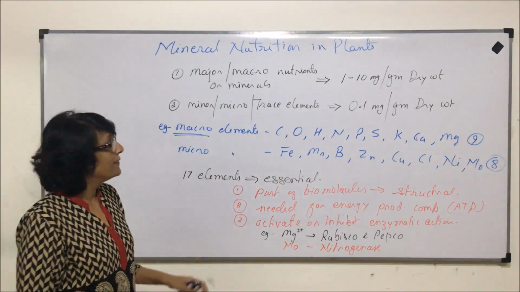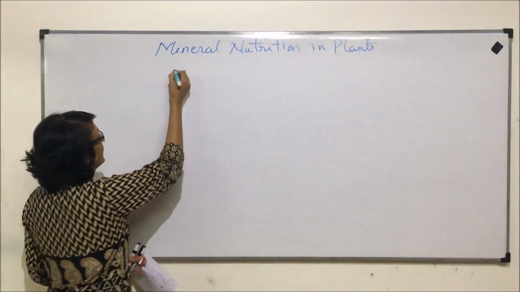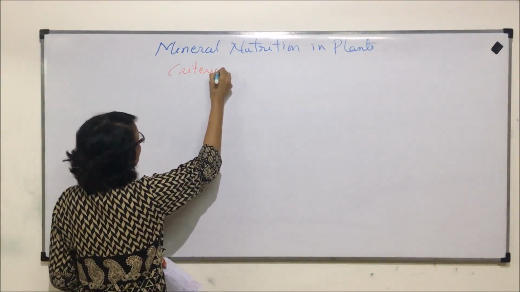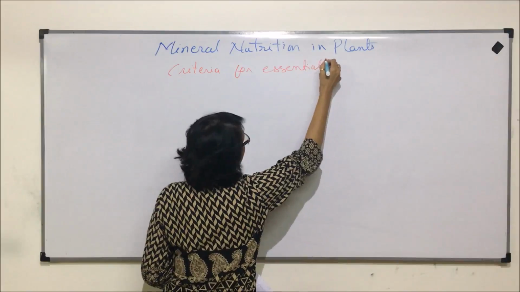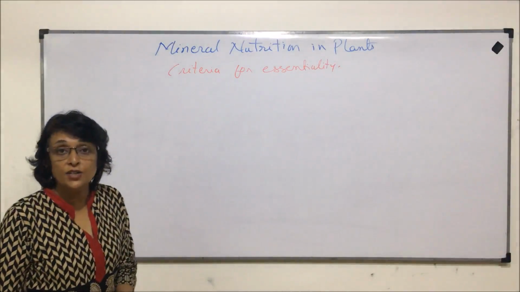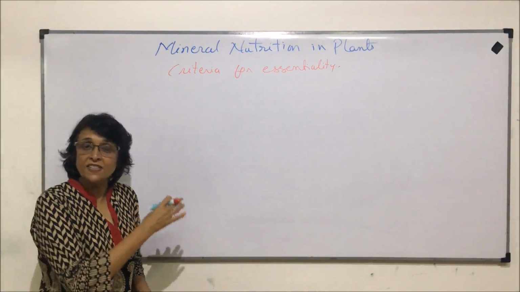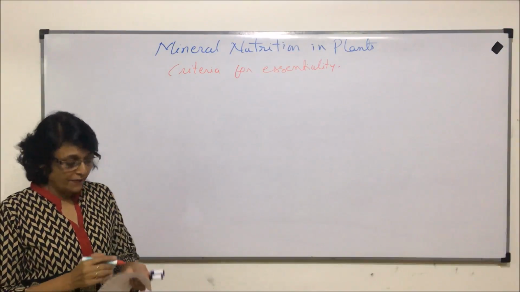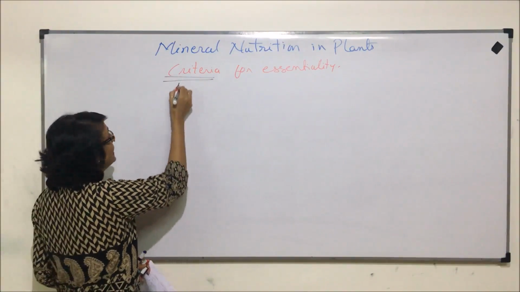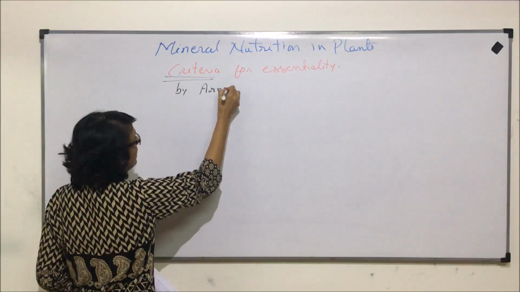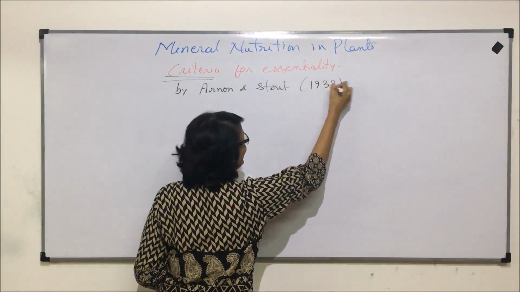Now we will talk about the criteria for essentiality. That means what are those conditions on the basis of which we have considered that these 17 elements are essential for the plant body. And this criteria were given by Arnon and Stout in 1939.